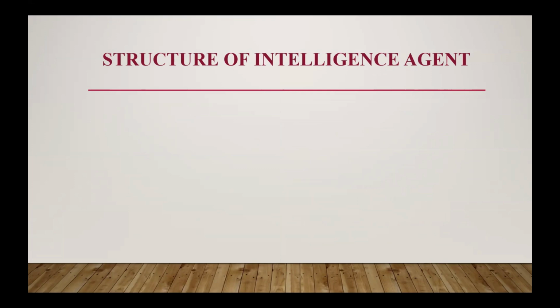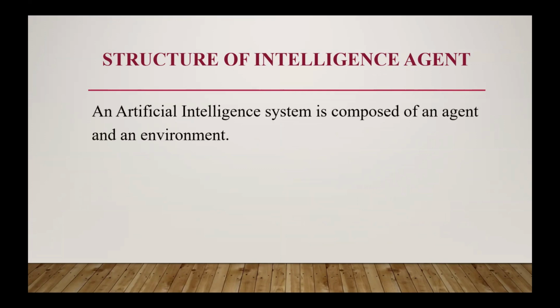So first we have to know what is the structure of an artificial intelligence system. An artificial intelligence system is composed of an agent as well as an environment. So there are two things present inside the system. The first one is the agent and the second one is the environment.